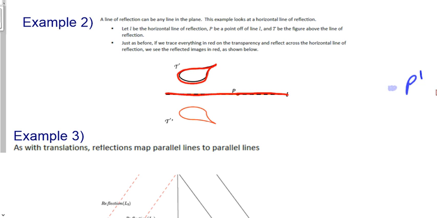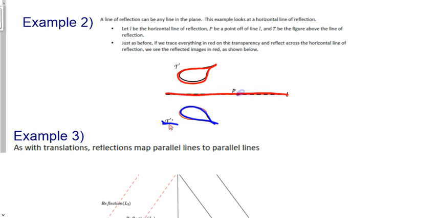So in this one, you would trace that black figure that it started out with, you would trace your line of reflection, you trace that point P, you pick up your transparency, you flip it over, you make sure that your line of reflection is there, you make sure that your point P stays the same, and what you'll notice is down here would be your new figure, which they call T prime.